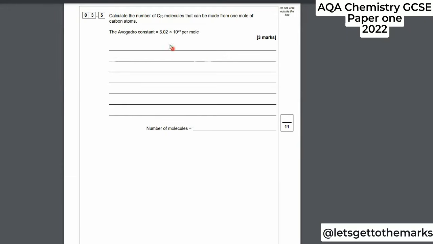So we can divide that by 70, or we can do 1/70 times 6.02 times 10 to the 23.